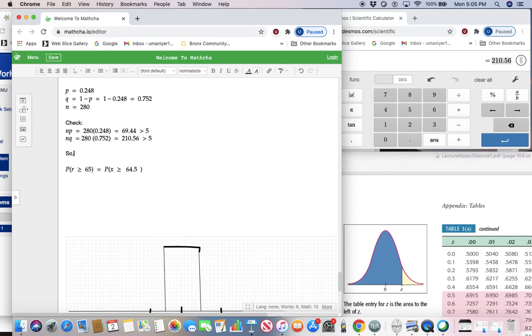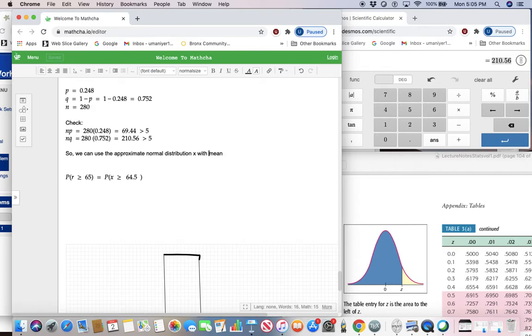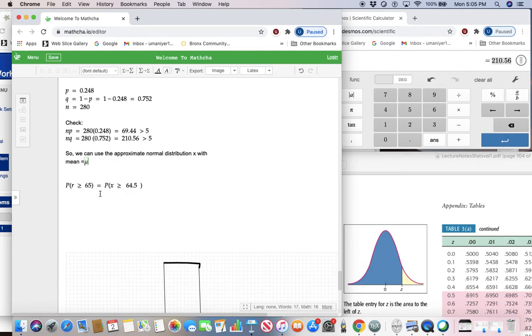So we can use the approximate normal distribution X with mean. What is the mean formula? The mean is, in this case, mu. For a binomial distribution, the mean is n times p. N times p we just calculated: it is 69.44.